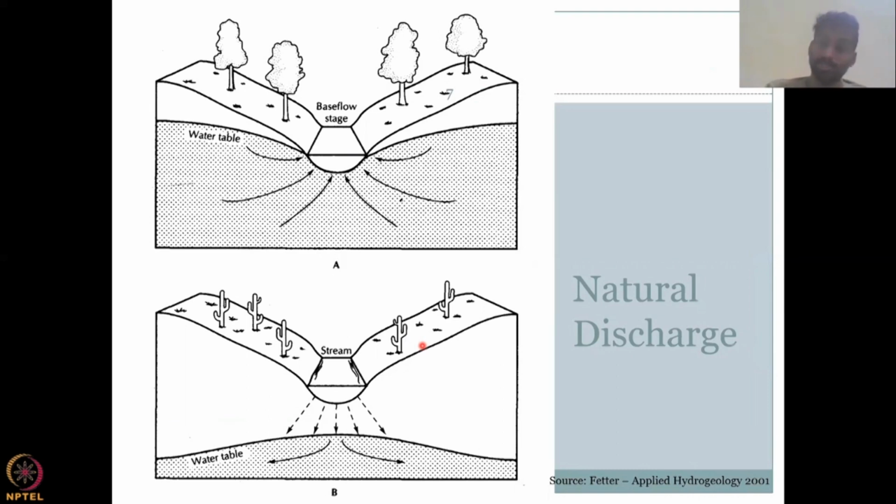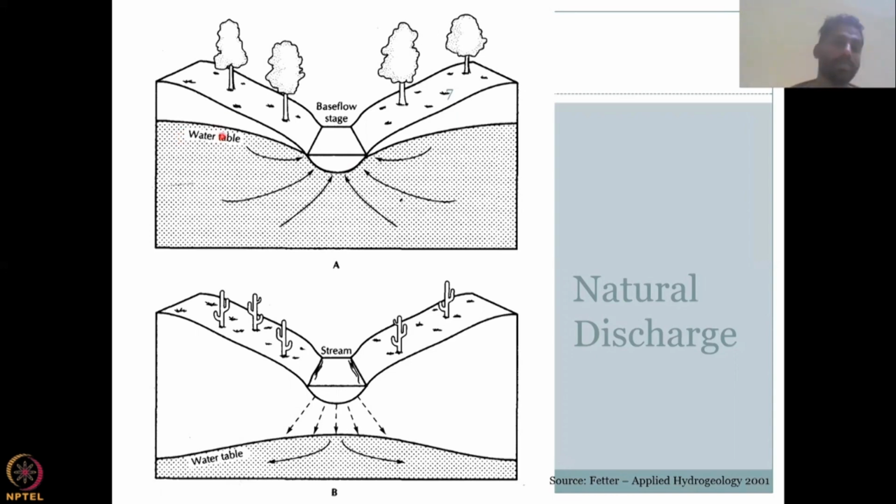Let's look at the natural causes. Naturally, the water table is at the level of the stream. The level of the stream, or what we call the stream stage, is normally at the same level as the water table in a good aerated environment, where there's good rainfall, good recharge, and the water table is healthy.